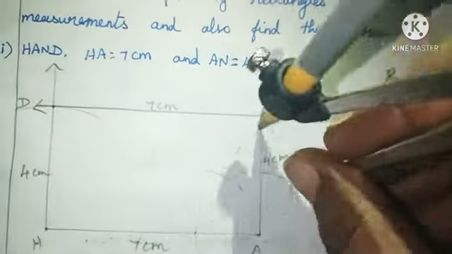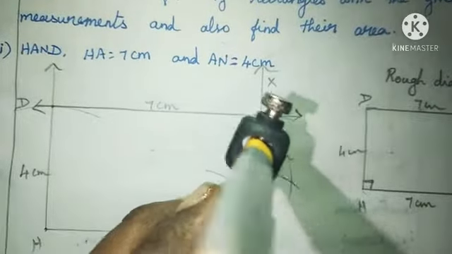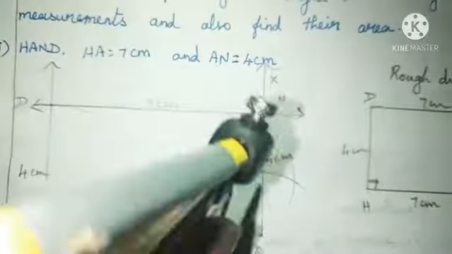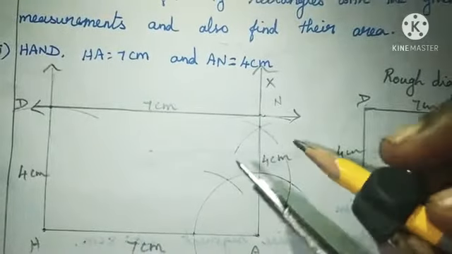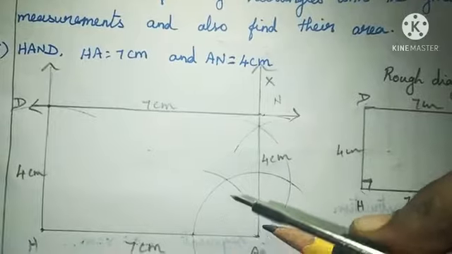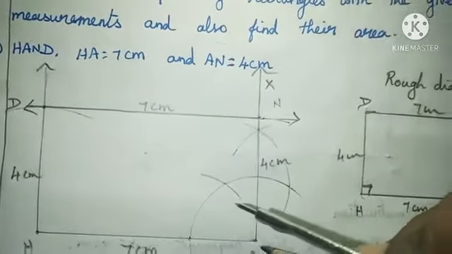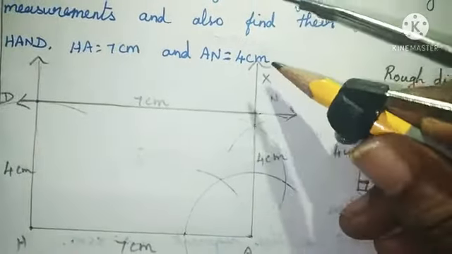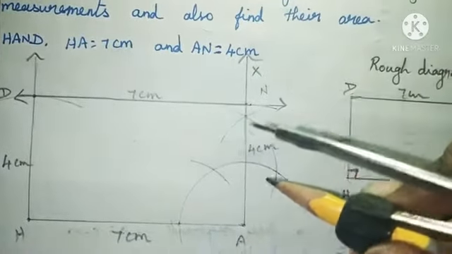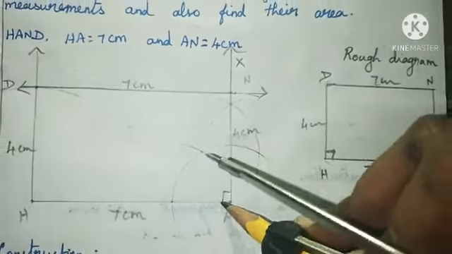The first arc is from here and the second arc from there. After intersecting the two arcs, you have to join the point of intersection of the two arcs and the point A with the line AX. Now we get angle A is equal to 90 degree.